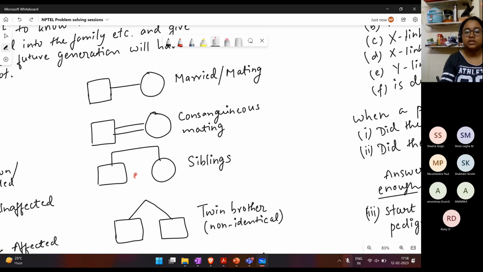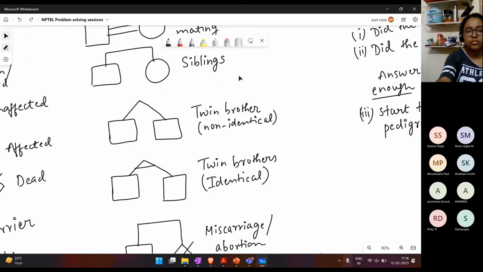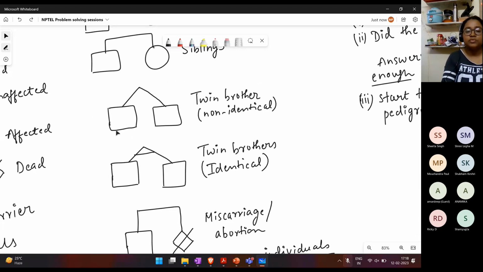If someone is a brother and sister, we draw a line like this. If two brothers are twins, instead of drawing a line like this, we draw a triangle.